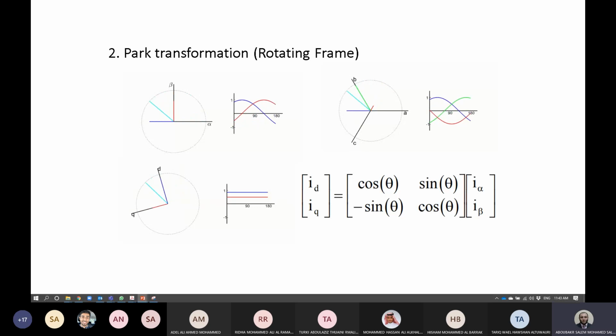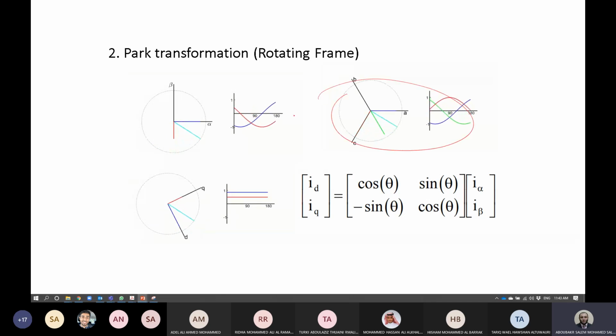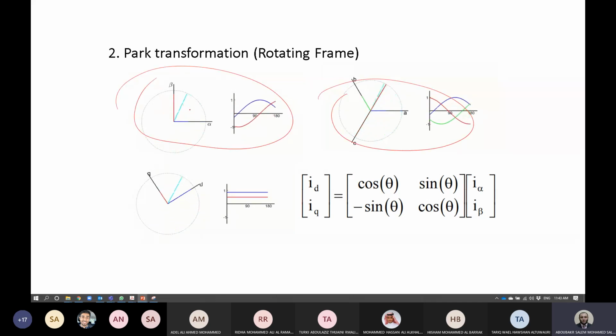Another transformation which is very important, and this is made in order to make the frame moving all of time, is called Park transformation. So after obtaining the Clark transformation, which will convert the 3-phase into just 2-phase, alpha and beta, we need also to make another transformation in order to make this moving variable as constant.